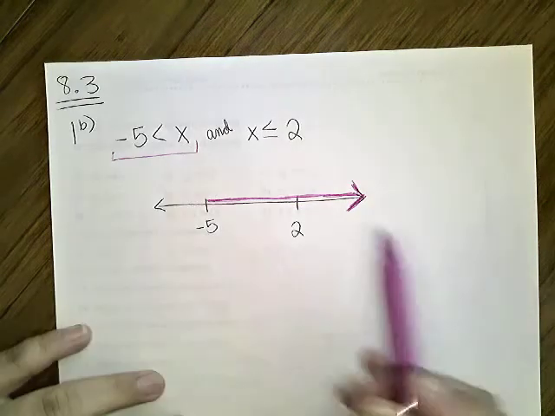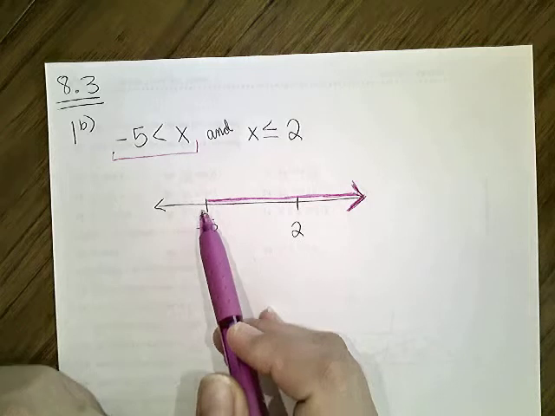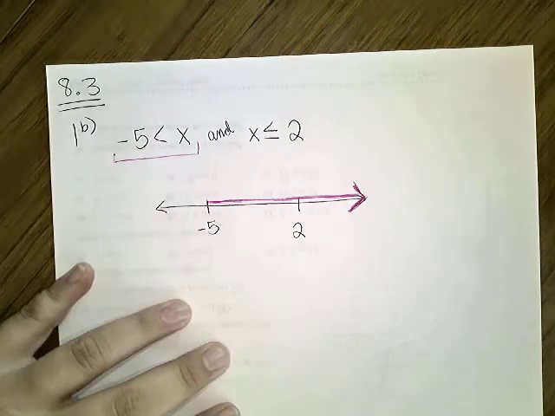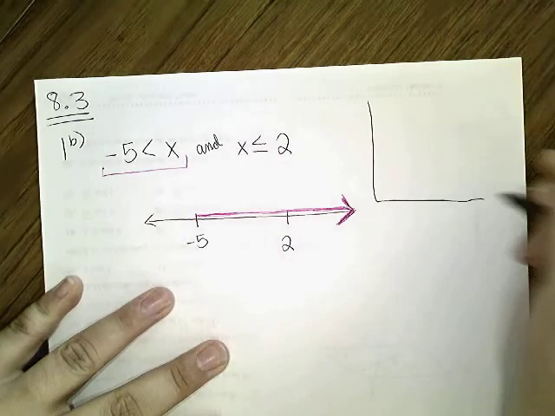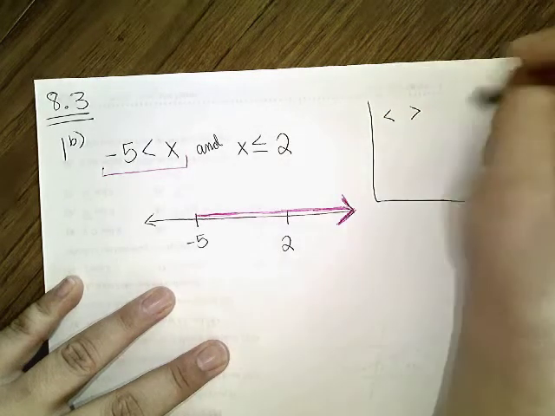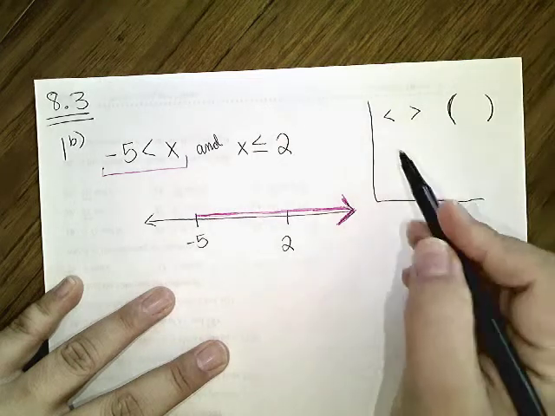Okay. Now the next thing we need to do is we're going to have something at the actual boundary value. And I'm going to put this just as a little note in the corner: if we have a less than or a greater than sign, we're going to use parentheses to signify these inequality symbols.